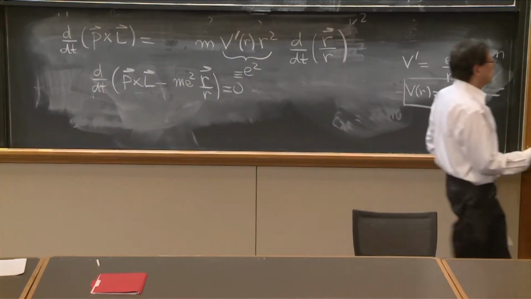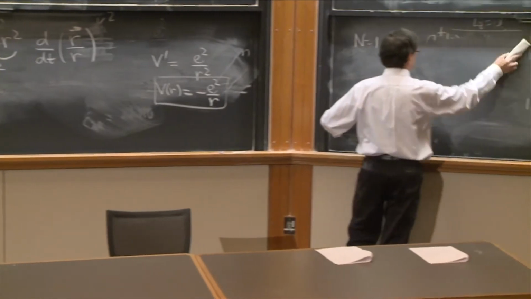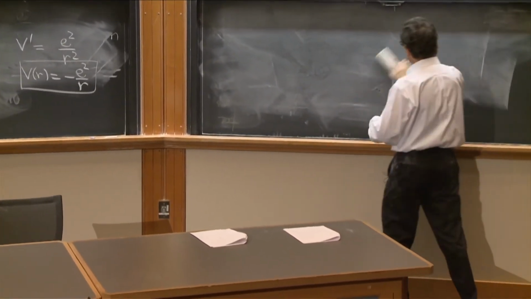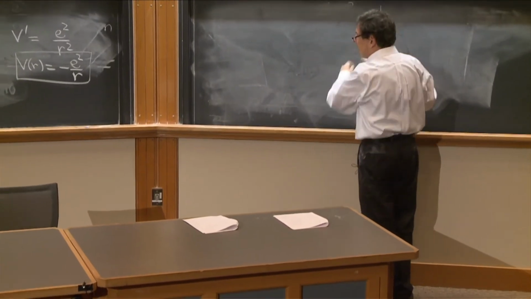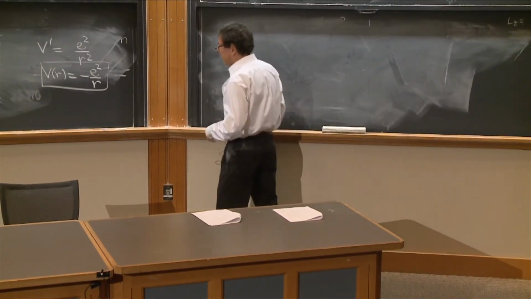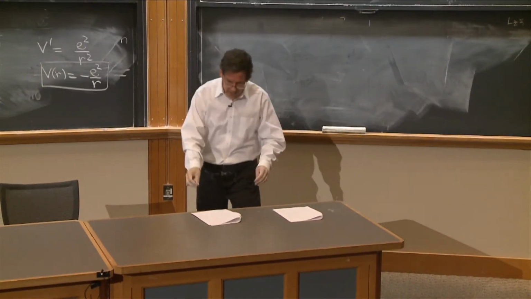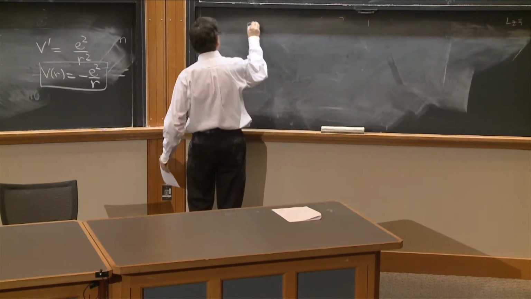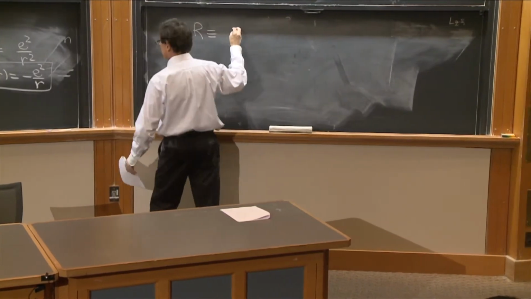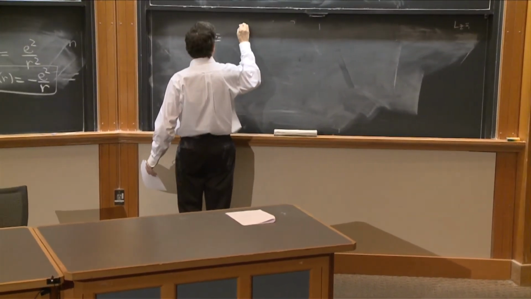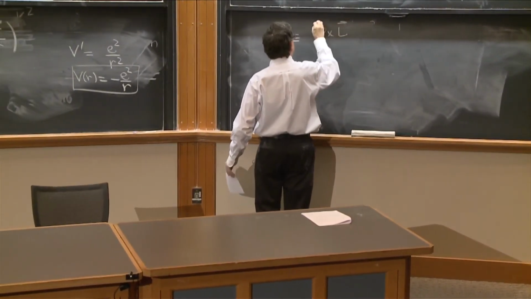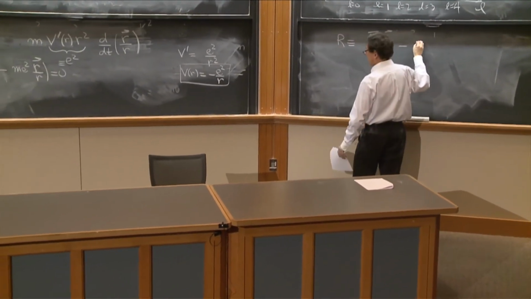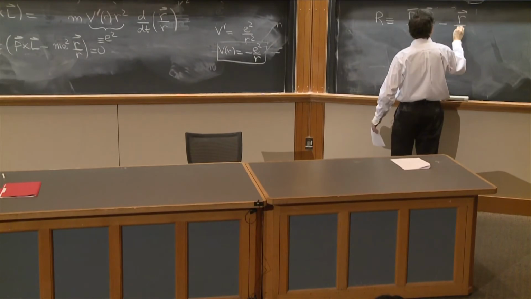So actually, you can try to figure out what this is. First, one thing that people do, which is convenient, is to make this into a unit-free vector. So define R to be P cross L over m e squared minus r vector over r.